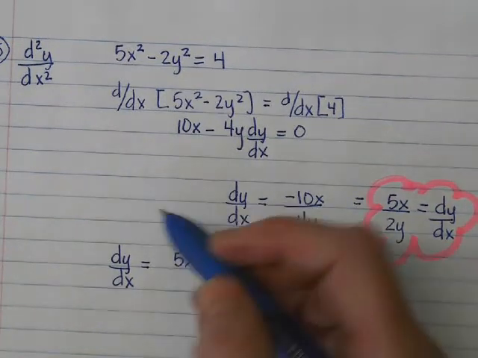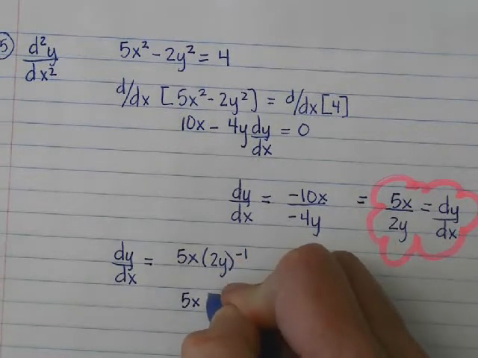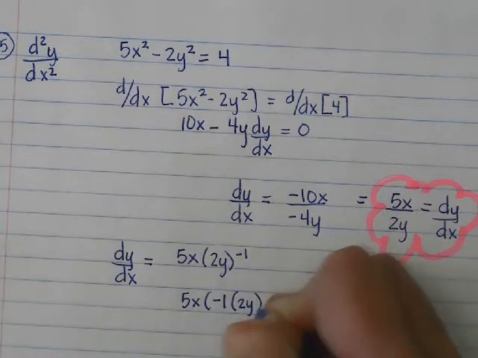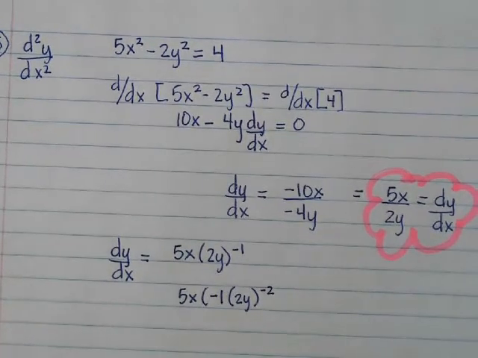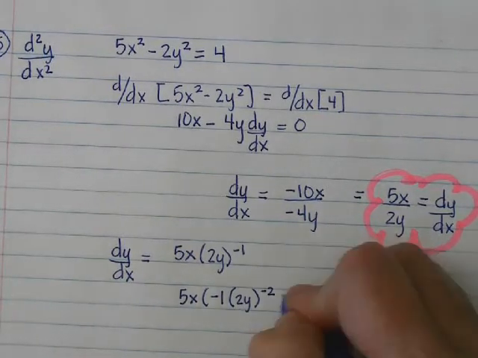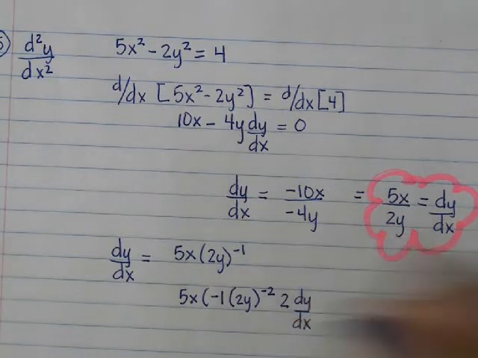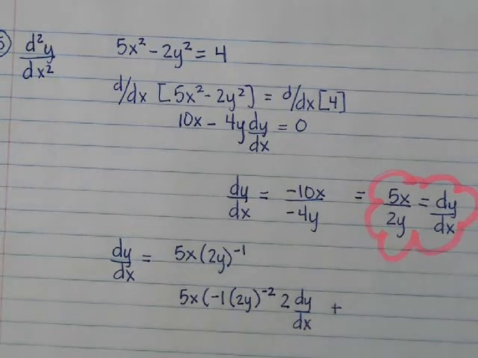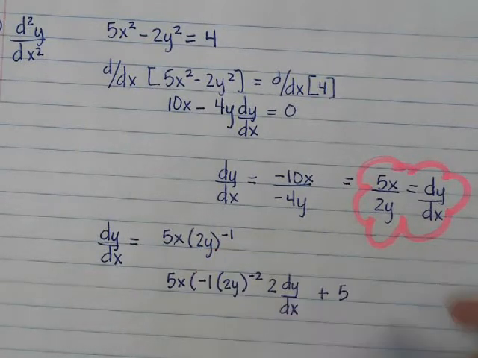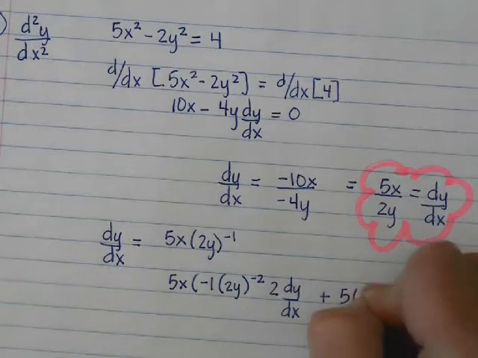I'm going to do the first times the derivative of the second, which is going to give me negative 1 times 2y to the negative 2. That's the mommy function. And then I have to take the derivative of 2y, which is 2 dy/dx. Plus the derivative of the first, which is 5, times the second, so 2y to the negative 1.